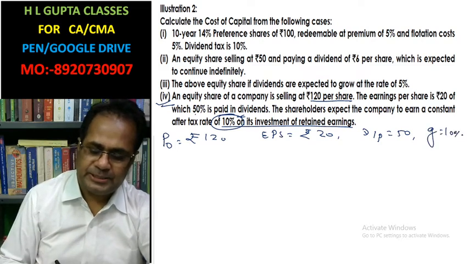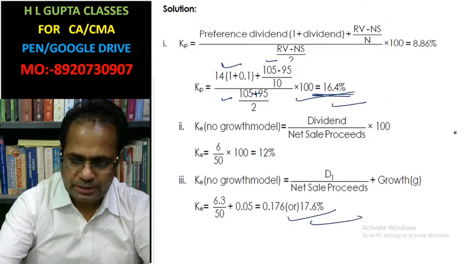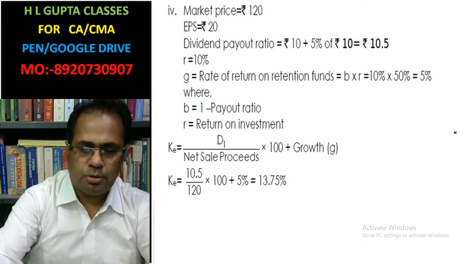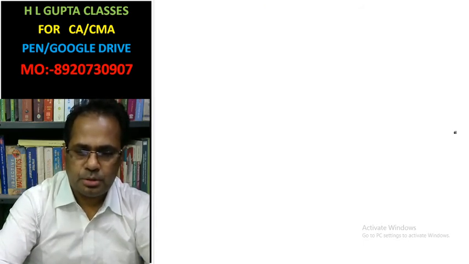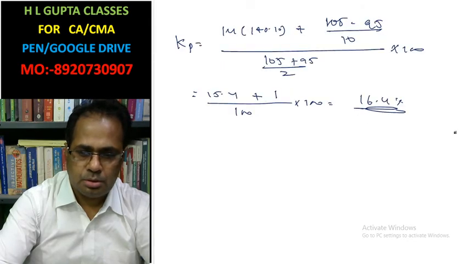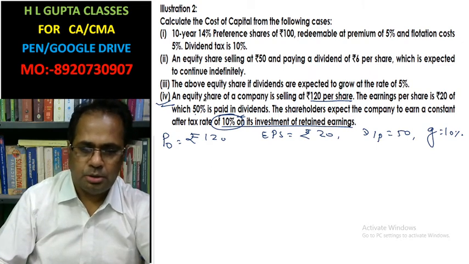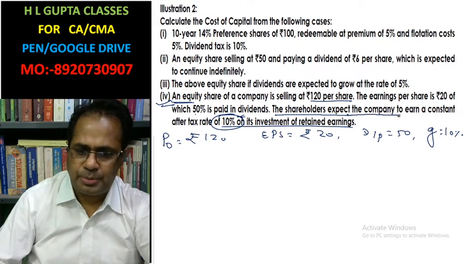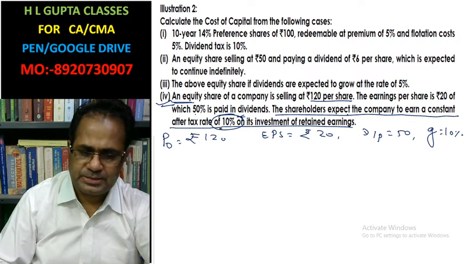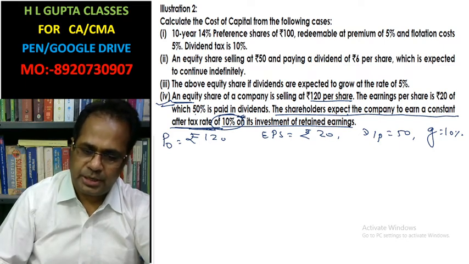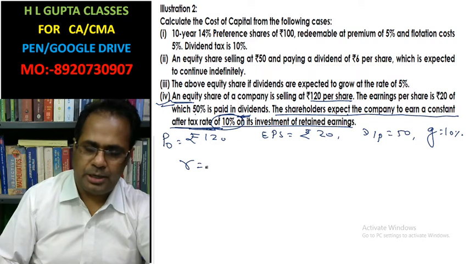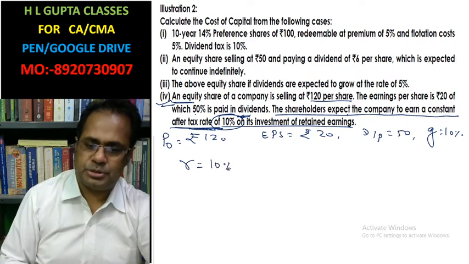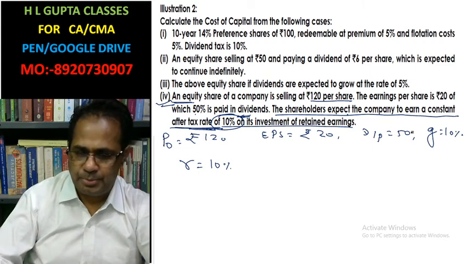Here R is 10%, and the dividend payout ratio is 50%.